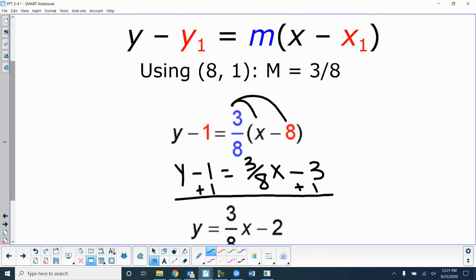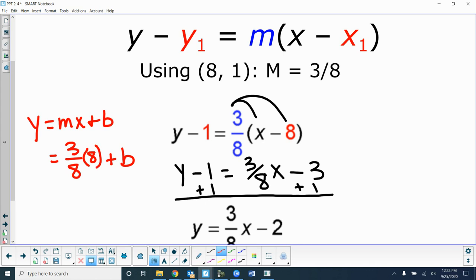If you don't like that, you can do this method. Because eventually they want you to put it like this anyway, right? So if you want, you can start out and put in what for M? 3/8. What for X? 8. And what for Y? 1. You guys see that?